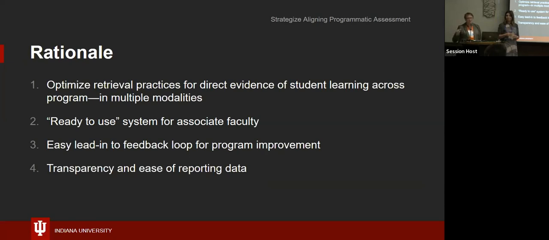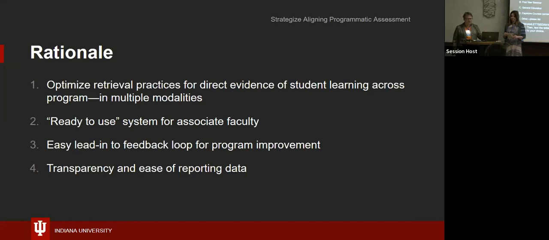There is an easy way if associate faculty work in your program, they just upload or import the rubrics and they use it that way. You don't have to try and get your associate faculty to do the assessment at the end of the semester. And you can pull the report and manipulate the data a bit and share it with the instructors almost instantaneously at the end of the semester.